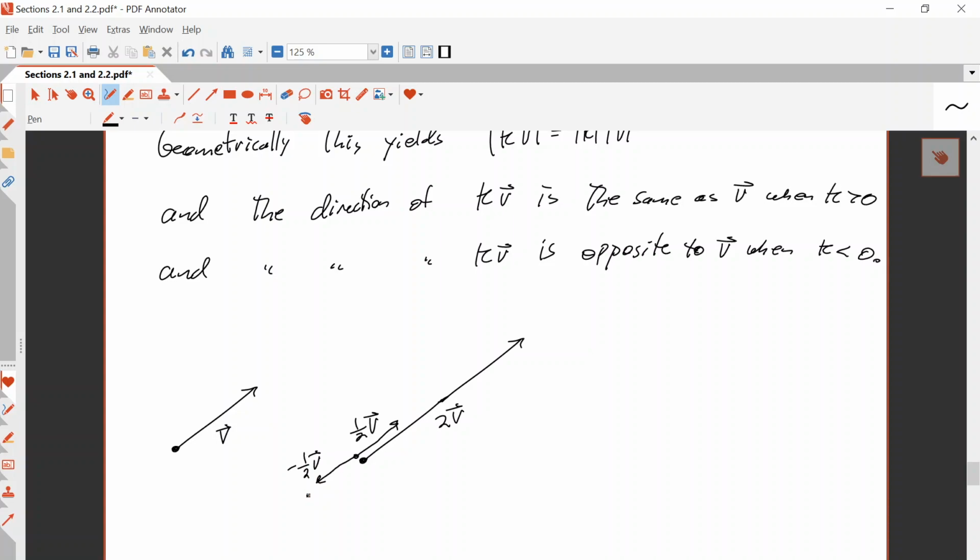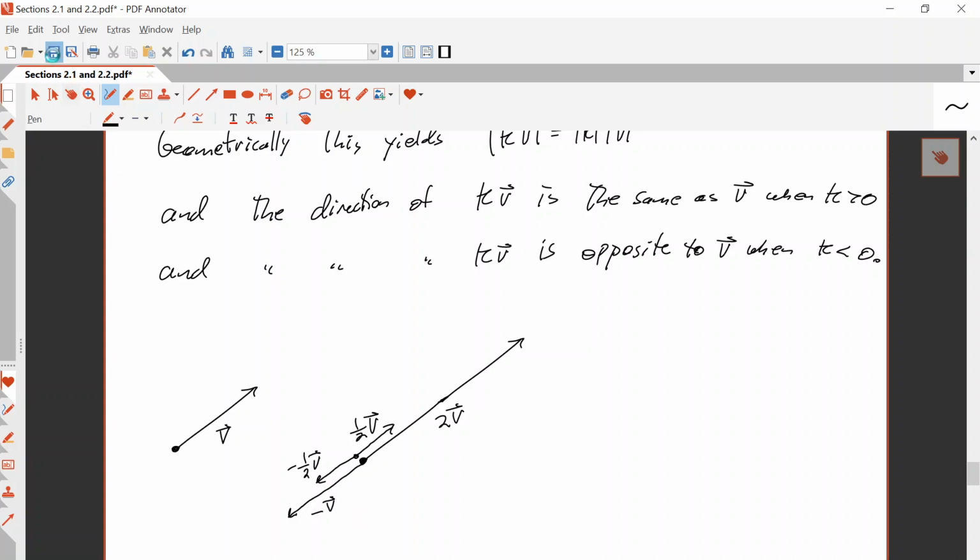But the length is the same. The length is the same, but the direction is opposite. So 1/2 of V, negative 1/2 of V, 2V, and then just minus V itself is the same as vector V, just flipped 180 degrees.